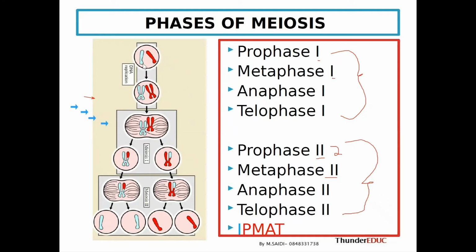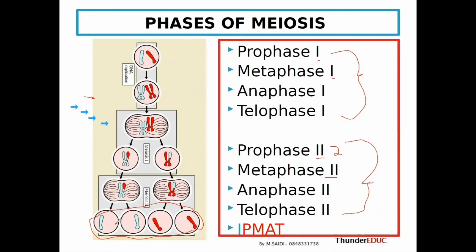Of meiosis. Remember, we have said that meiosis results in 4 daughter cells. Do you remember? If the meiosis happens in plants, and the plant is a male, the 4 daughter cells will become the pollen grains. If it happens in a female plant, these are going to be the ovules in the ovary.